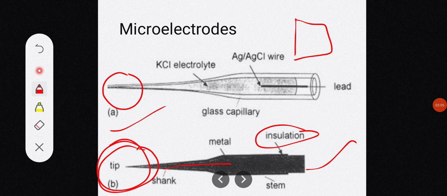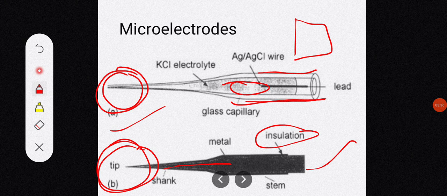Next is the micropipette. In the micropipette type of microelectrode, there is a glass micropipette with the tip drawn out to the desired size, and this micropipette is usually filled with an electrolyte that is compatible with the cellular fluids. Now this type of microelectrode has dual interfaces.